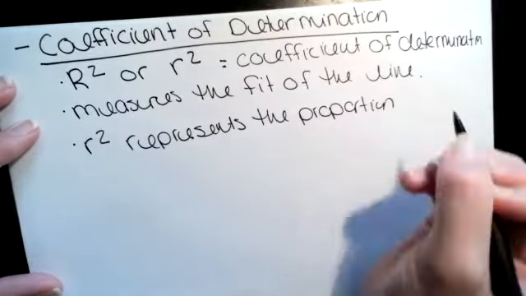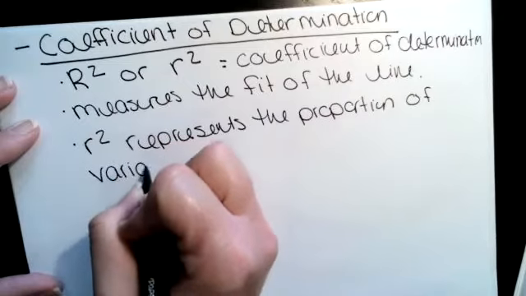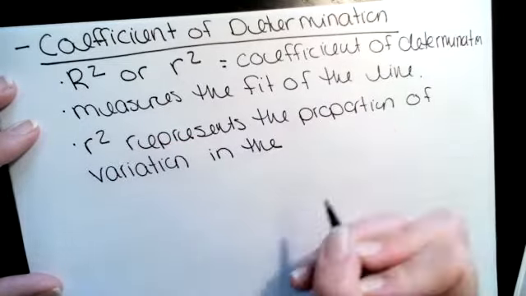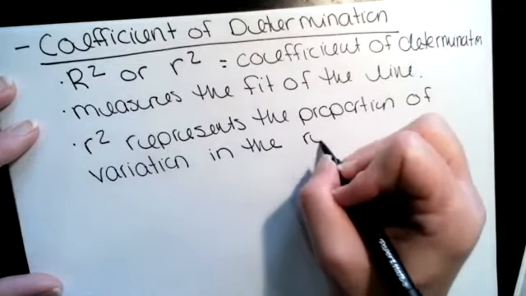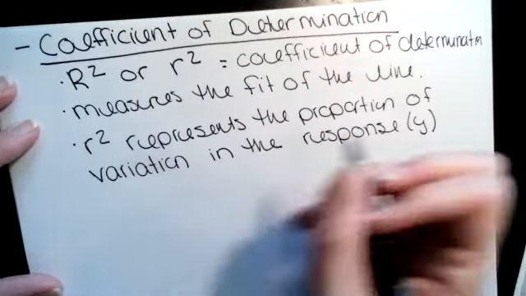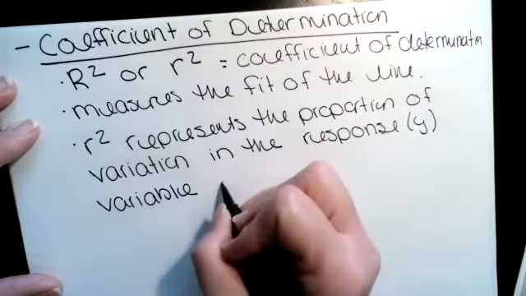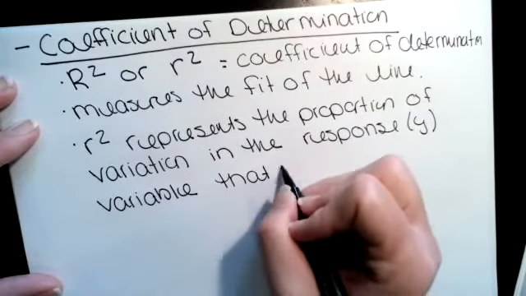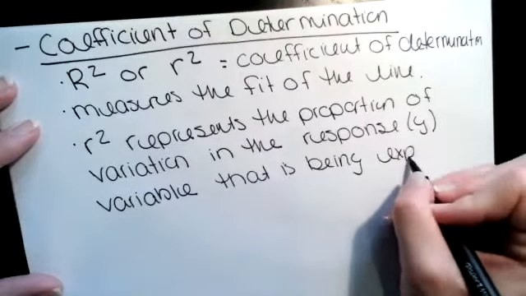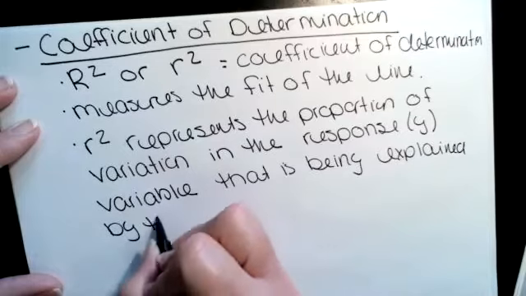When I say that, I'm talking about the percentage of variation in our response variable that is being explained by the line.